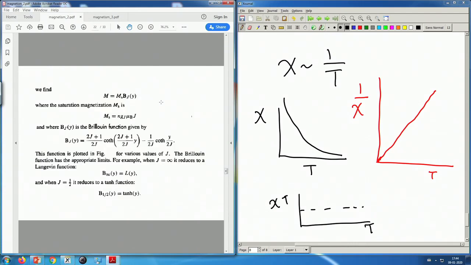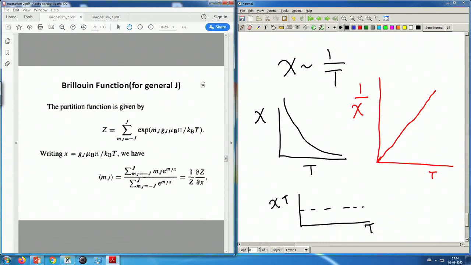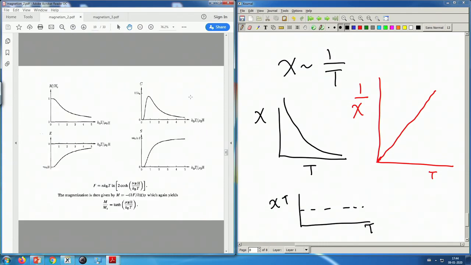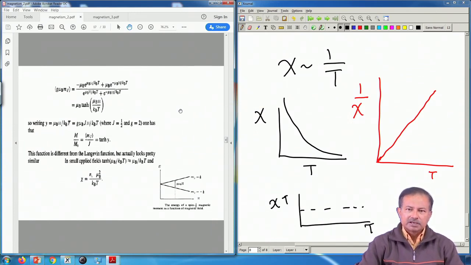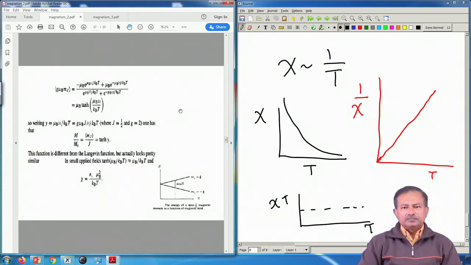So, what did we achieve? We derived Curie's law from very simple-minded statistical mechanics calculations, where we assumed that these magnetic ions are replaced by free moments. These moments interact with the magnetic field, and they also get thermalized at a finite temperature.